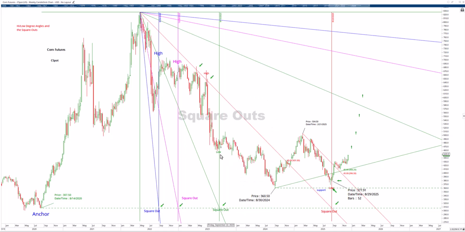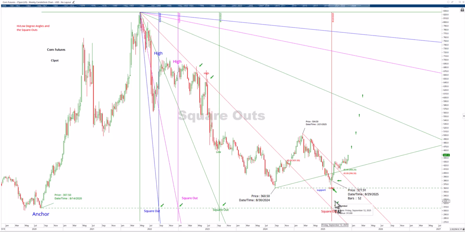So it doesn't guarantee that that will be the final low. It does say that you'll get some sort of reaction rally, maybe something bigger. And what I'm saying, based on this low here now, which is also a 52-week cycle from the prior swing low, August of 2024 to August of 2025, 52 weeks, low to higher low, and you've got the square out.